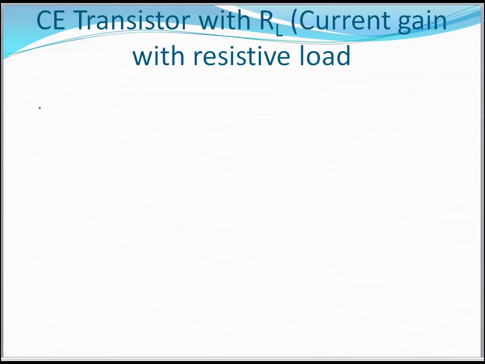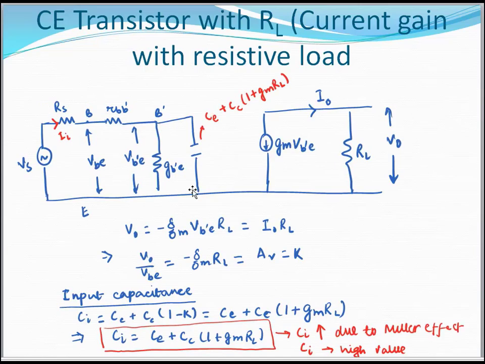So Yi, we can write here, input admittance, and we can write here Yi is equal to Ib by Vb'e, and this is the sum of this admittance and the admittance due to the capacitance.